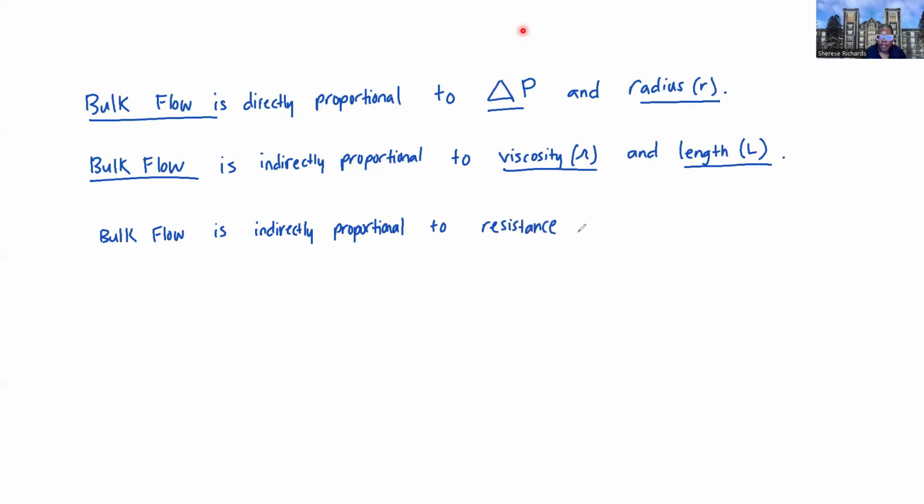As the resistance goes up, the flow goes down, and vice versa. So just three of the relationships we described so far. These are going to be important when you look at different types of questions, just to remind yourself of how these factors affect the bulk flow.